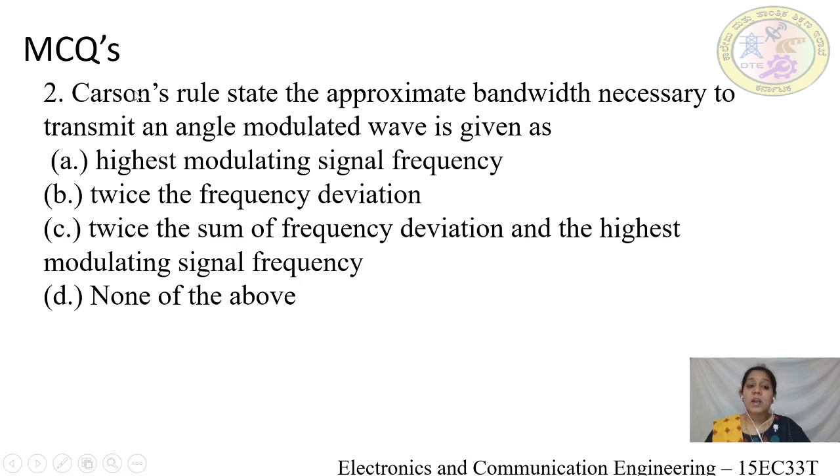Yes, Carson's rule states the transmission bandwidth is twice the sum of the frequency deviation and the highest modulating signal frequency, that is 2 times delta F plus fm. So option C is the correct answer.